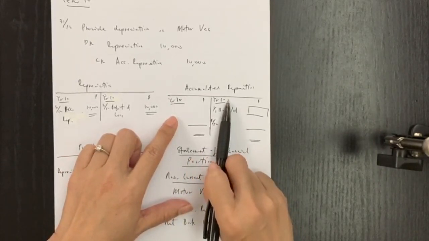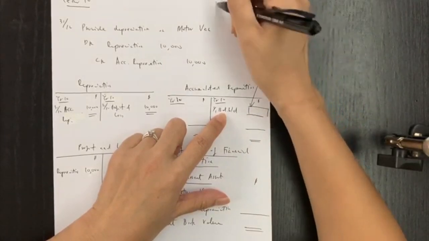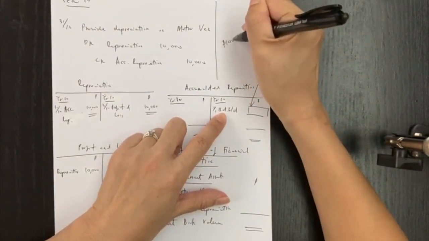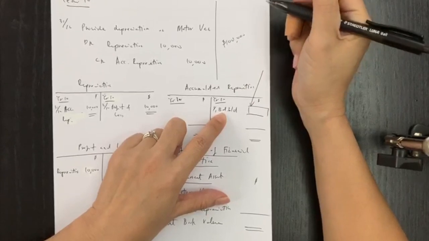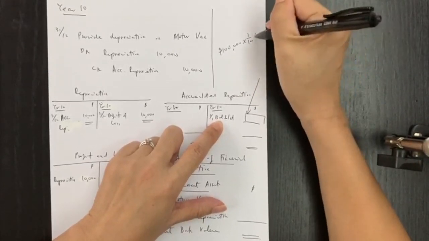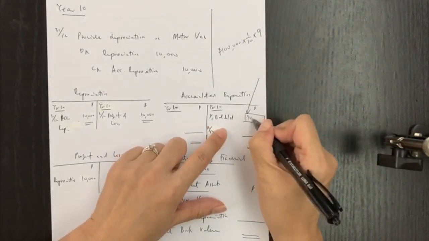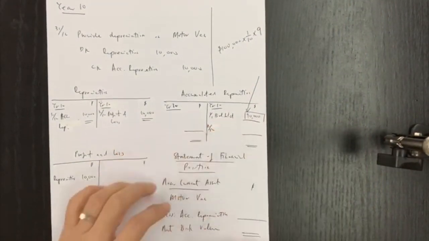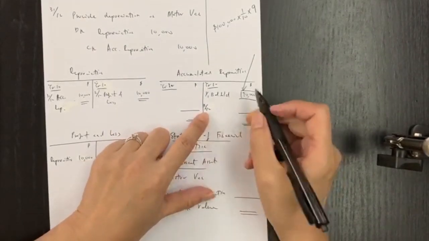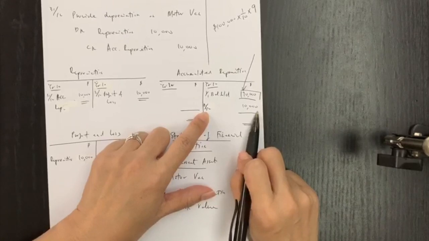This is year 10. So how much will be the opening balance? The calculation will be: my cost is 100,000, and each year it goes down by 1/10, and we have used it for 9 years. Therefore I will have 90,000. So in year 10, accumulated depreciation increased by another 10,000.